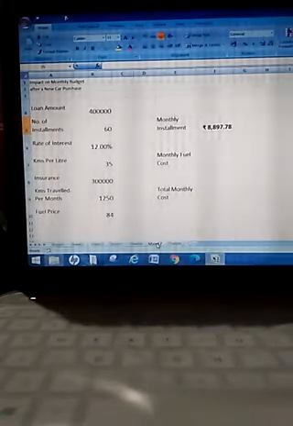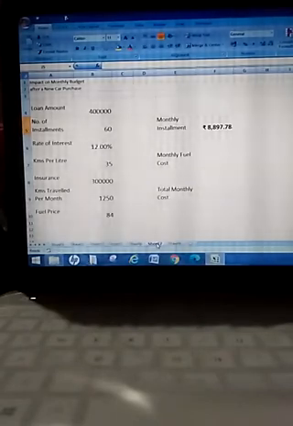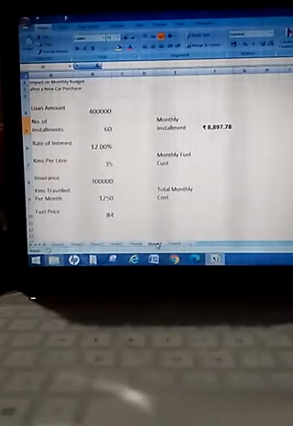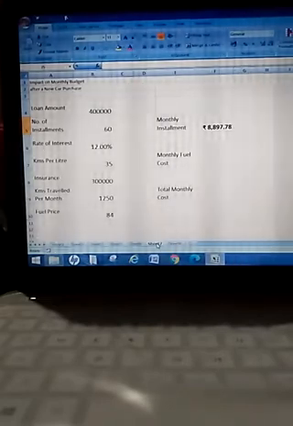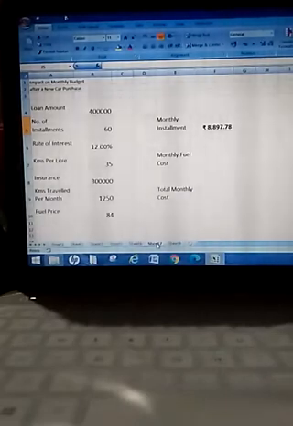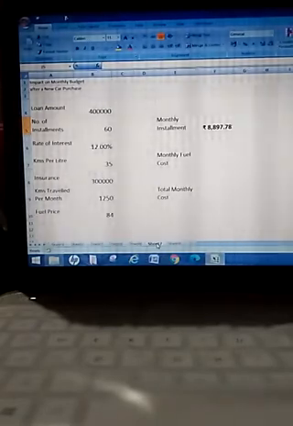And secondly, goal seek. Suppose sometimes you require that you want to pay only 5,000 rupees as an installment. Clear? So how many years do I have to pay for this loan? If you have set a goal that your monthly installment should not exceed rupees 5,000, then the number of installments will increase.